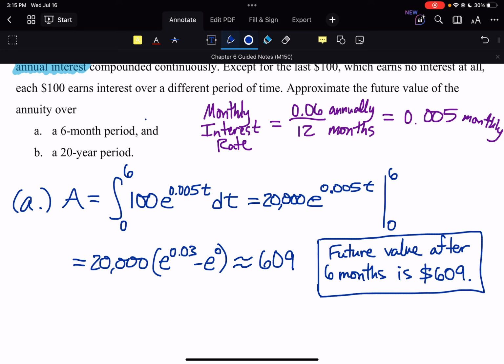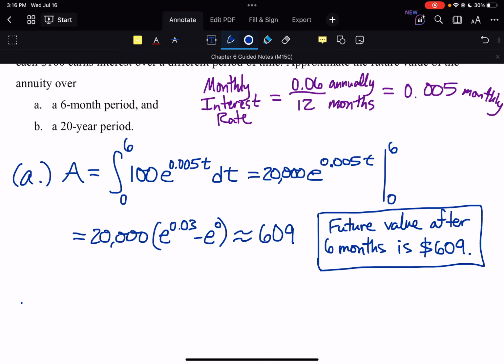So over this 6-month period, they put in $100 at the end of each month, and it earned a little bit of interest. So by the end of the 6 months, they have $609 in there. So basically they made $9 in interest over that 6-month period.